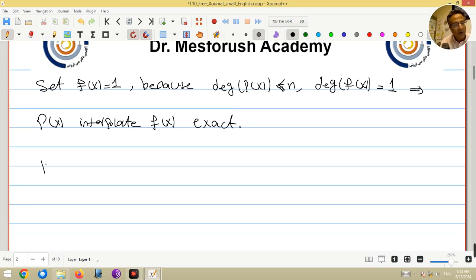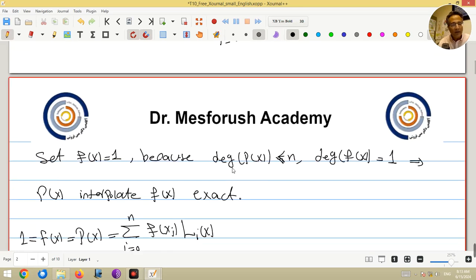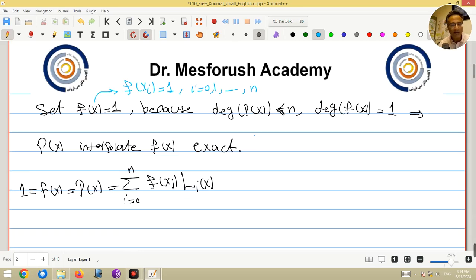Now, we write f of x, that was equal to 1, is equal to p of x, and p of x is equal to the sum over i from 0 to n of f of xi Li of x. But from here, we know that because f of x is equal to 1, f of xi is equal to 1 for i equal to 0, 1 to n, right?